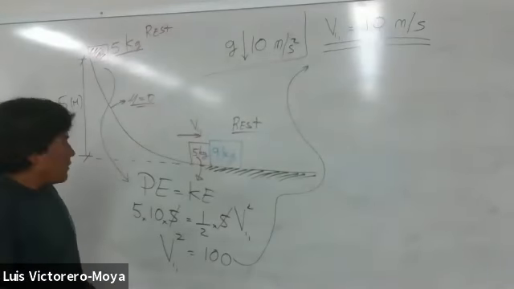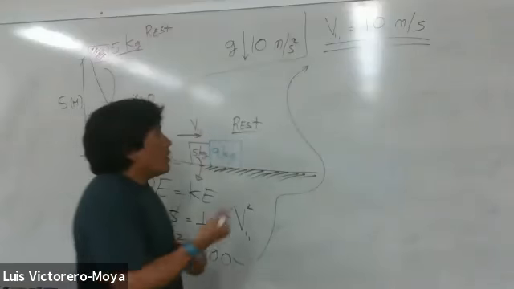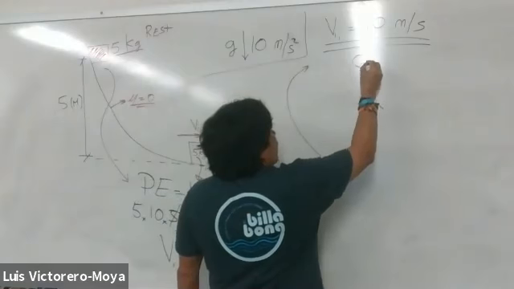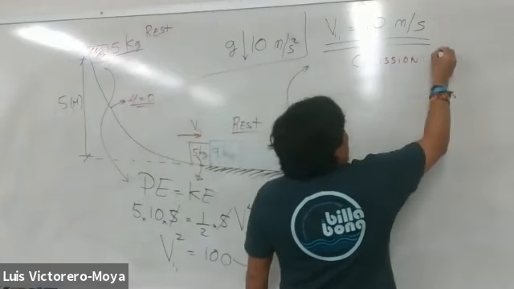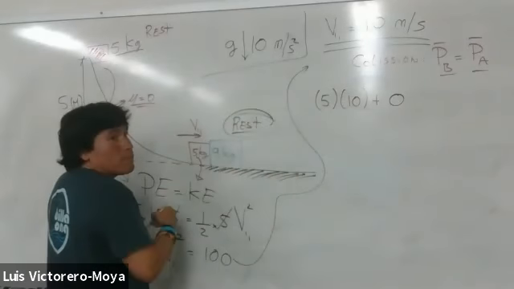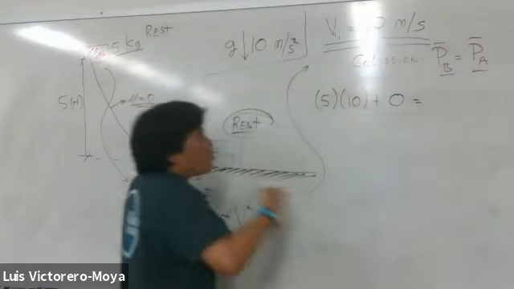So for the collision, before and after, we have conservation of momentum. So for the collision, we have that momentum before is equal to momentum after. But these are vectors. So this speed is also 10 meters per second to the right. So momentum before is just the momentum of the 5 kilogram block. 5 times 10 plus 0, no momentum because it's at rest, is equal to the momentum after.